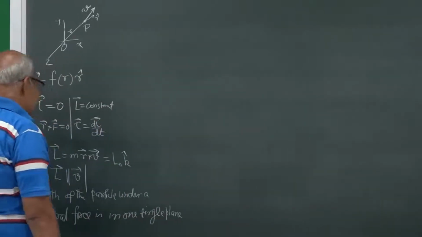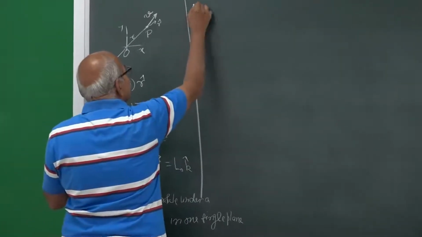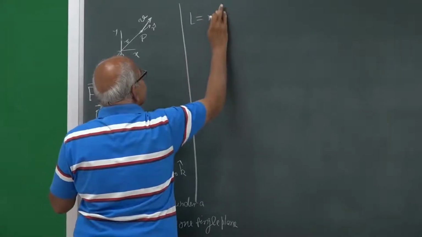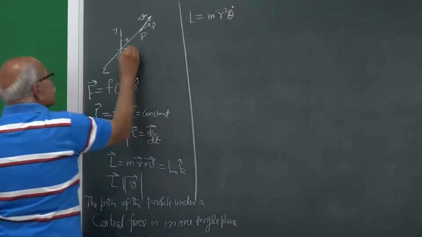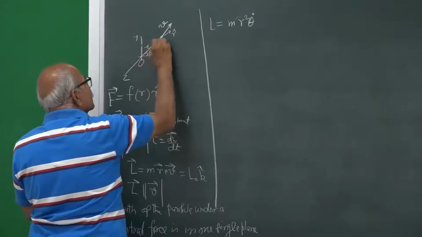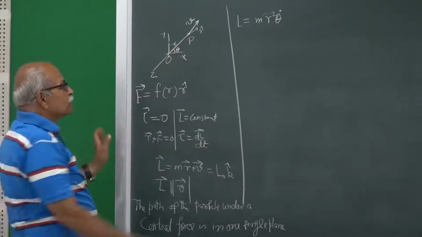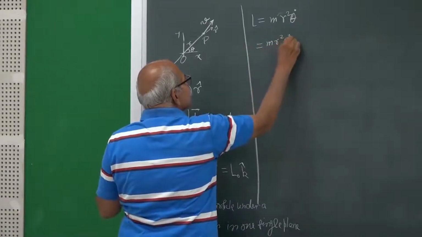Then the other thing we found is that the magnitude of L is m r square theta dot. This angle is known as theta and this distance is known as r. So, r square theta dot, meaning d theta dt, m r square d theta dt.